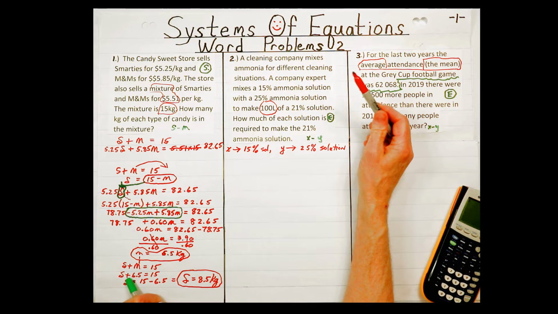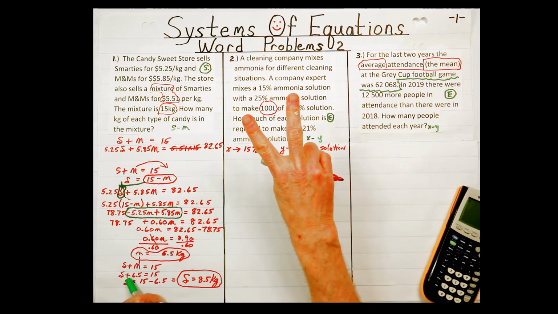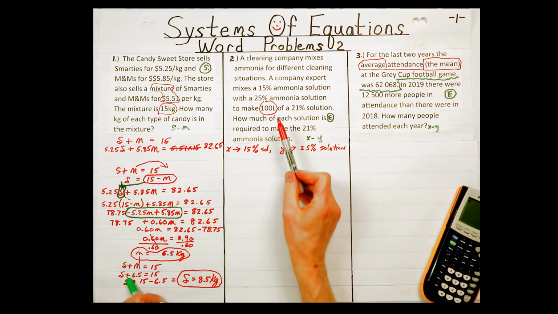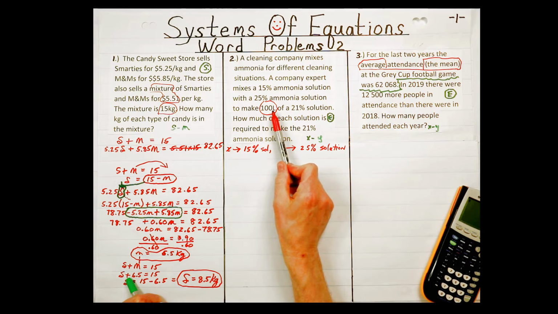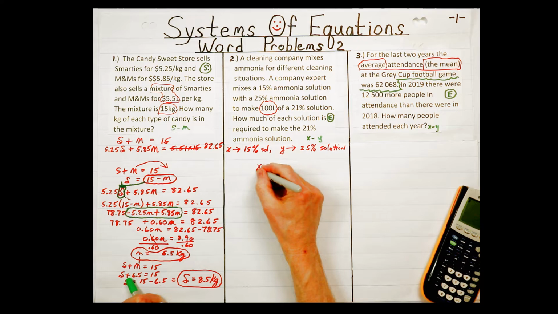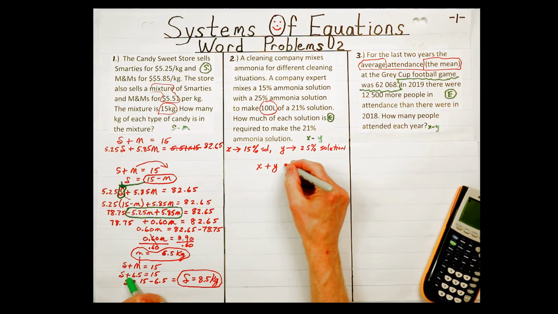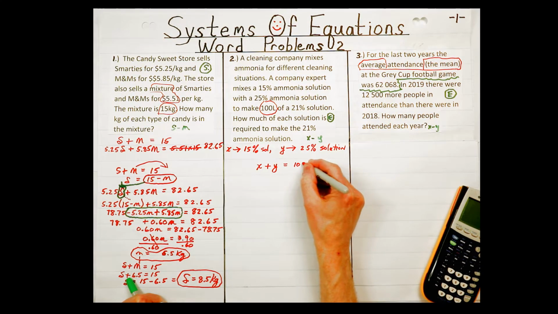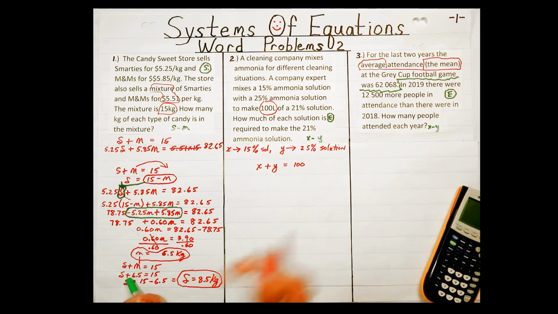Well, the first thing is we have two products, and the two products add together to give 100 liters. So equation 1, X plus Y equals 100 liters. Not so bad.